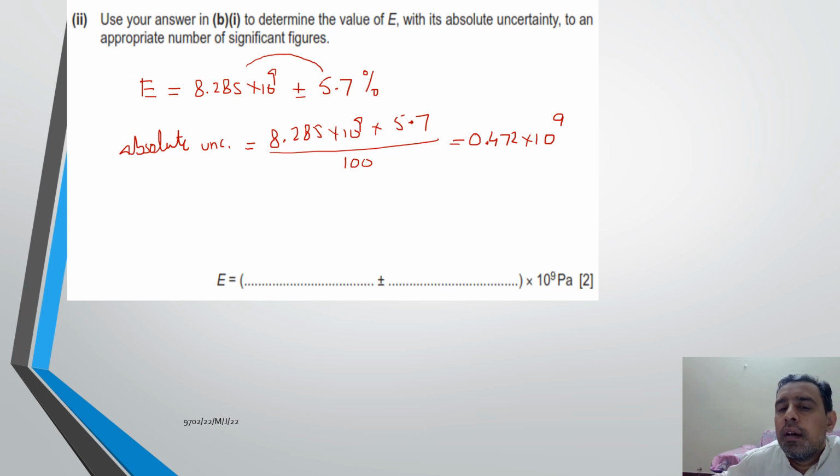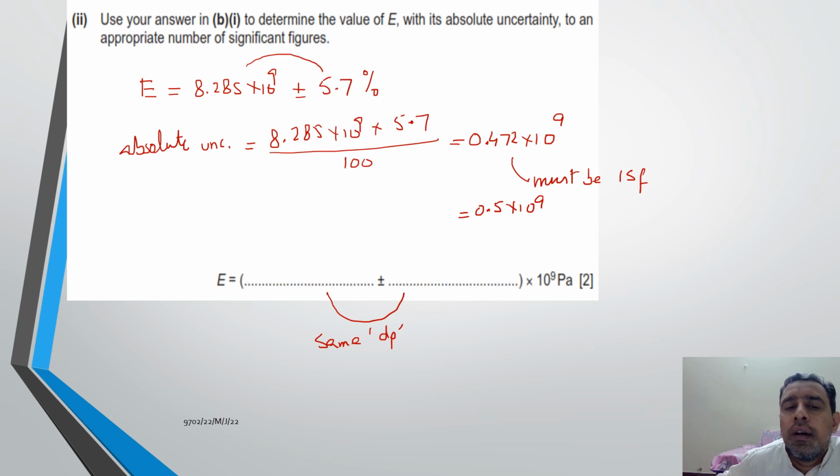This absolute uncertainty must be one significant figure, so we may write it as 0.5 into 10 to the power 9, and these two must have the same decimal places.